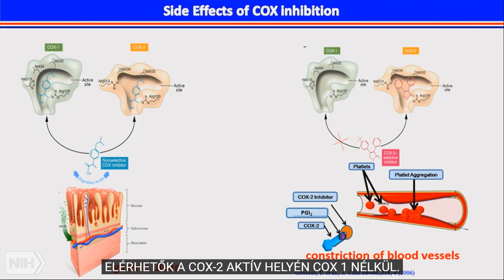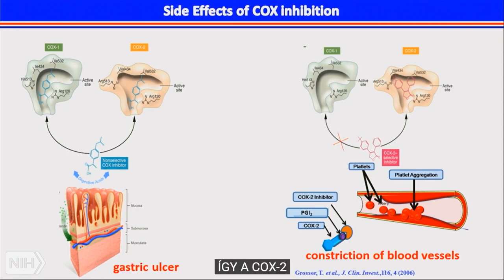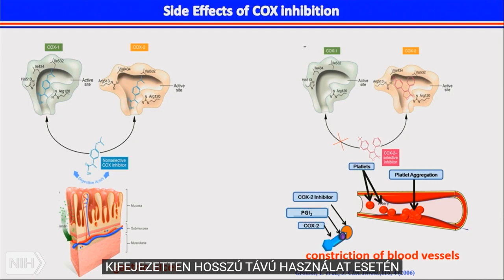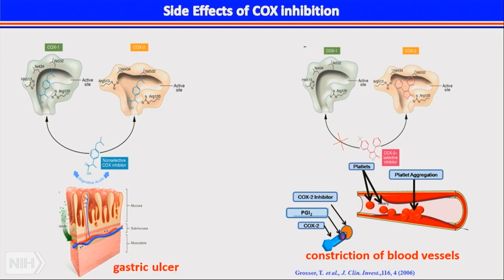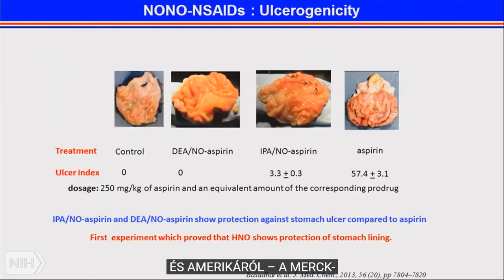Even though they inhibited COX-2 specifically, on long-term usage it led to an increase in cardiovascular events. For this reason, Vioxx and celecoxib were taken out of the market, and Merck had to face a huge lawsuit because of this class of molecules.